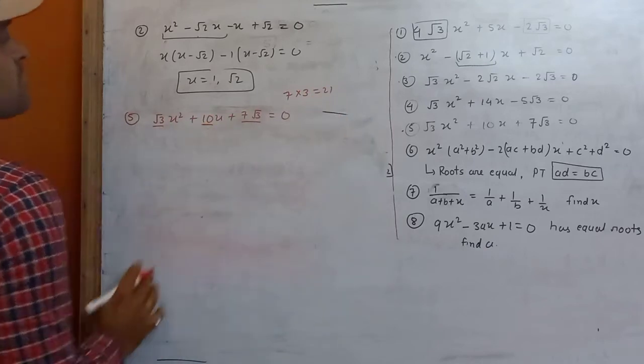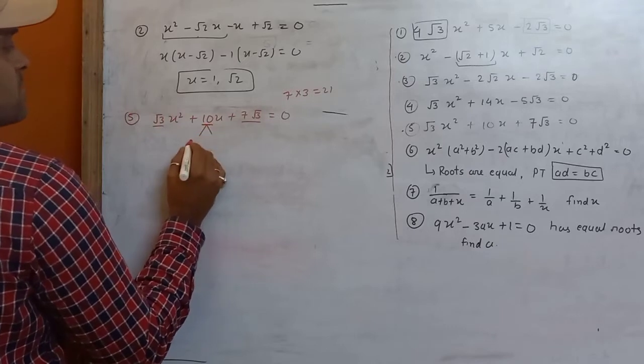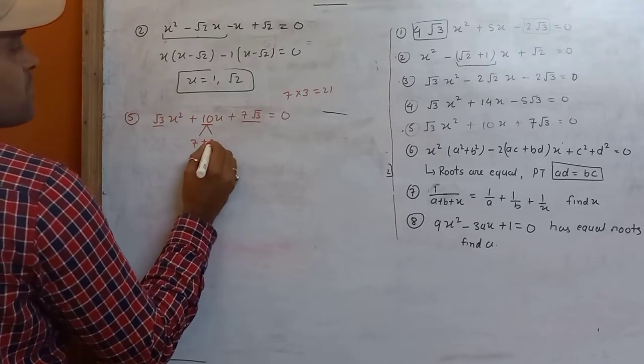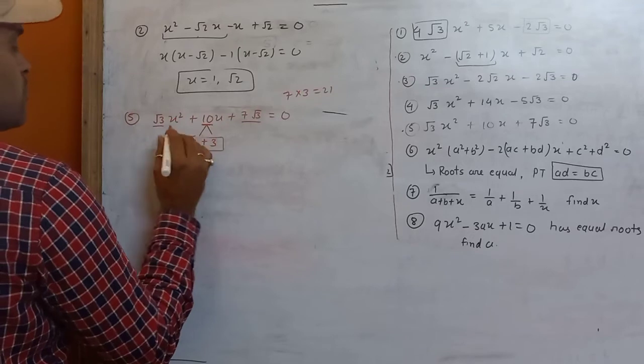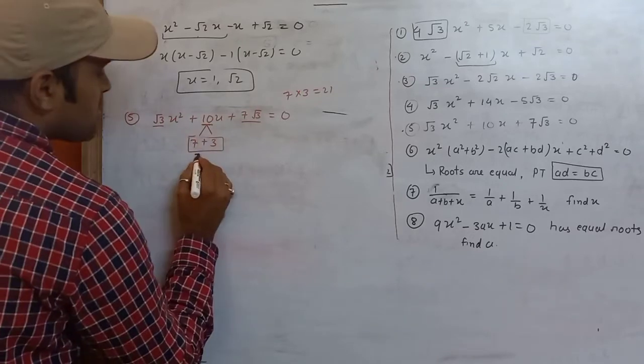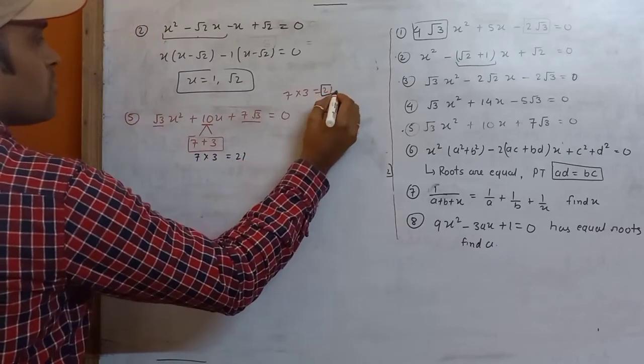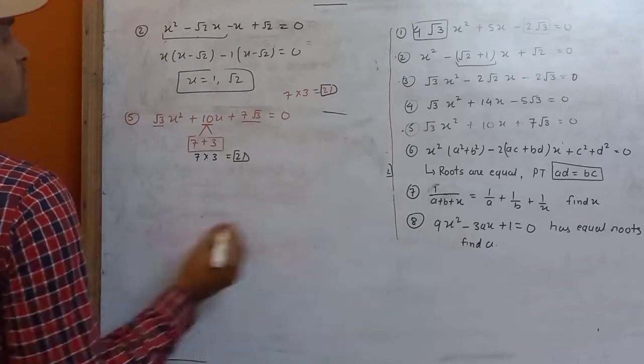Now there is a 10 here, so 10 can be written as 7 plus 3. Okay, 7 plus 3 is 10, and 7 multiply 3 is 21. Both values we can get.